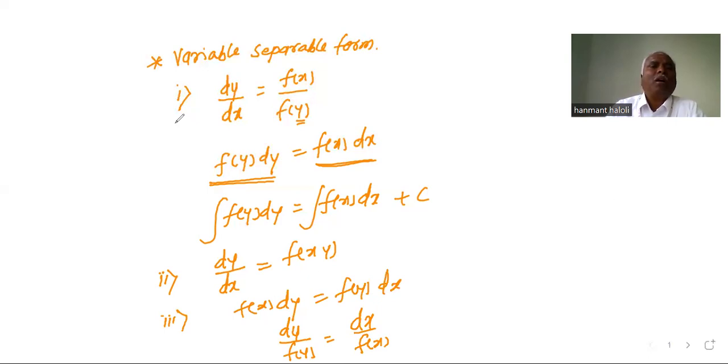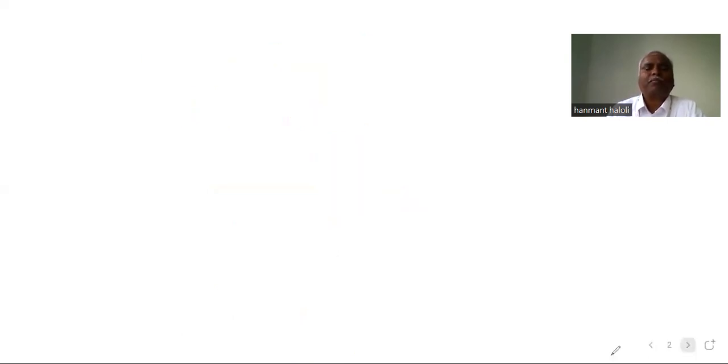Now, how to solve such types of variable separable forms? After the separation of variables, integrate both sides, like terms with like terms, meaning f of x with the dx term and f of y with the dy term.